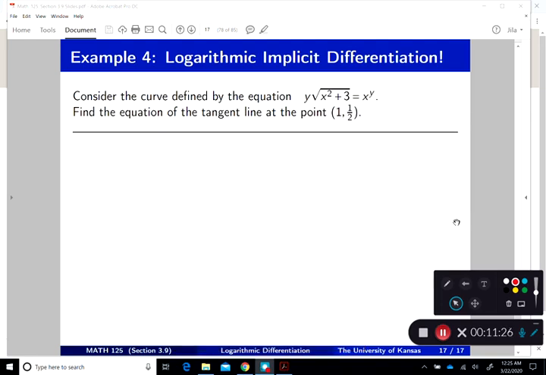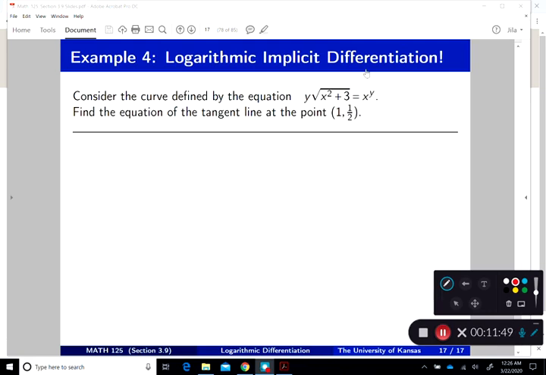Look at this curve. This curve has an equation with both x and y on both sides, and I can't solve for y, and I cannot solve for x either. So this becomes a logarithmic implicit differentiation. Why?